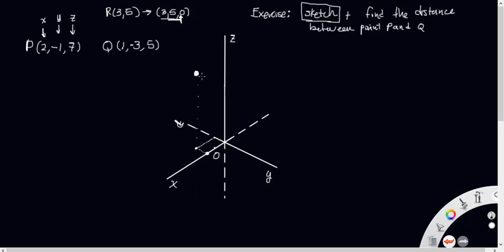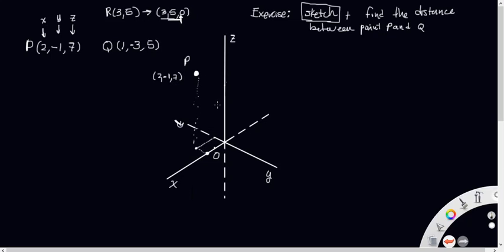Okay, so more or less this is the projection for this, and this is point P, and the coordinates for this point P are 2, -1, 7.